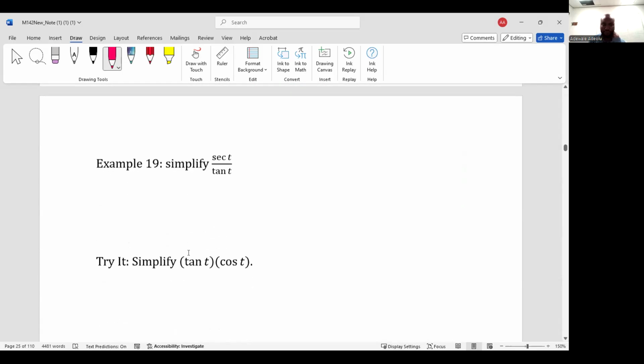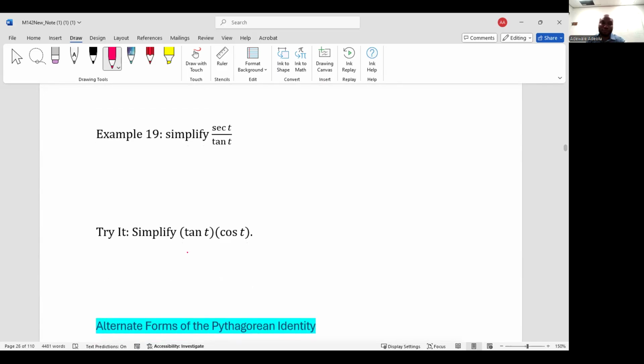Now, let us use that idea to simplify this trig expression. Well, secant of angle t divided by tangent of angle t. Remember, secant is the reciprocal of cosine of t, divided by tangent of t.